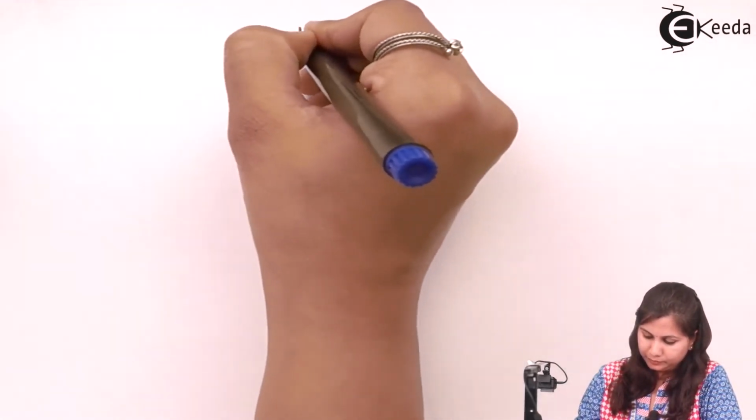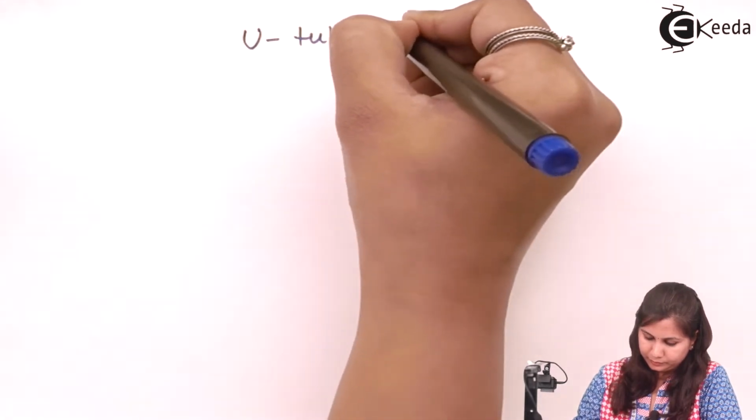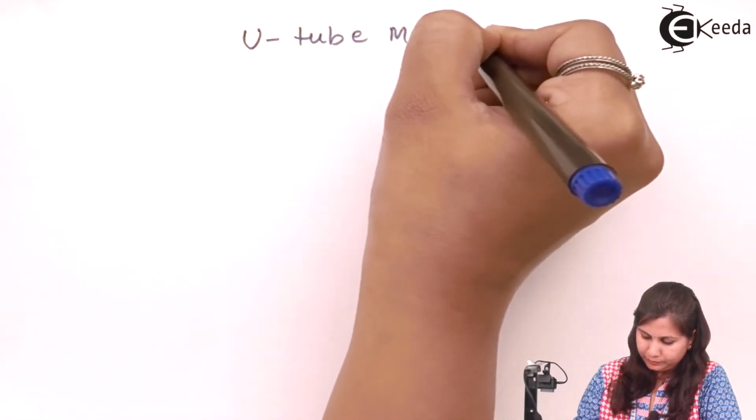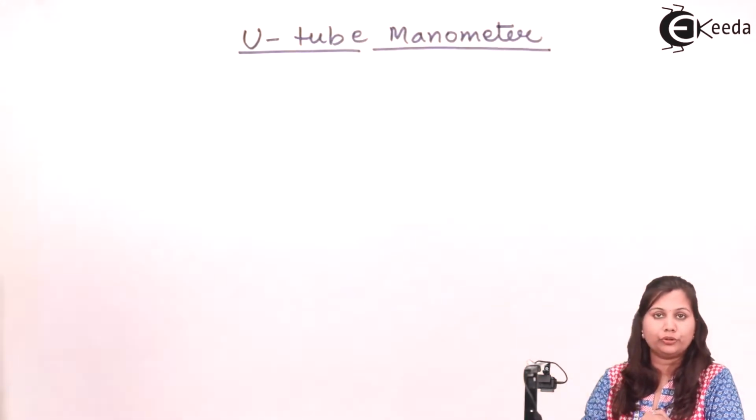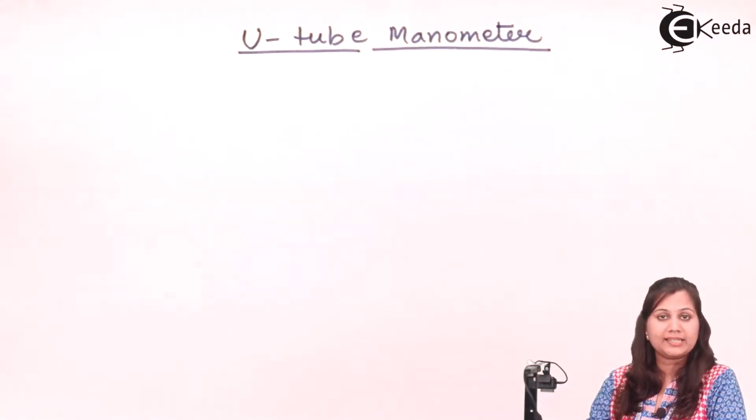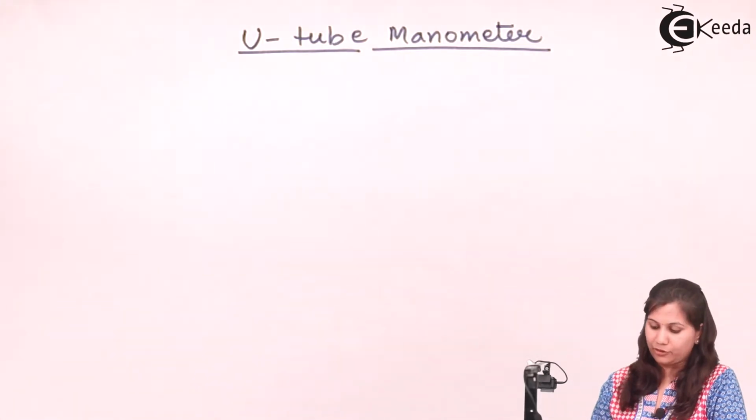Now in this video we are going to study the most common type of manometer, which is the U-tube manometer. This U-tube manometer is very simple and easily constructed.